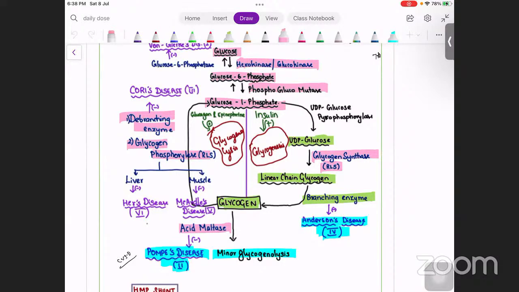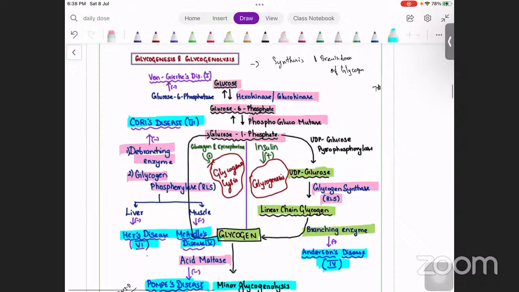Debranching enzyme deficiency could result in Cori's disease, which is type 3, while glycogen phosphorylase defect in liver causes Hers, which is type 6, and in muscle, McArdle's, type 5. M for M and H for H: hepato, Hers; muscle, McArdle's. Remember in that pattern.